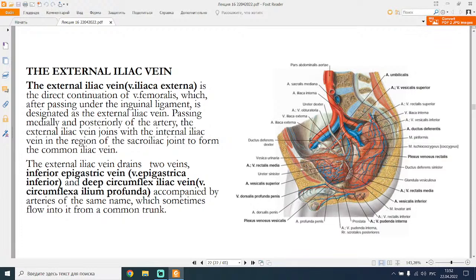The external iliac vein joins with the internal iliac vein in the region of the sacroiliac joint to form the common iliac vein.